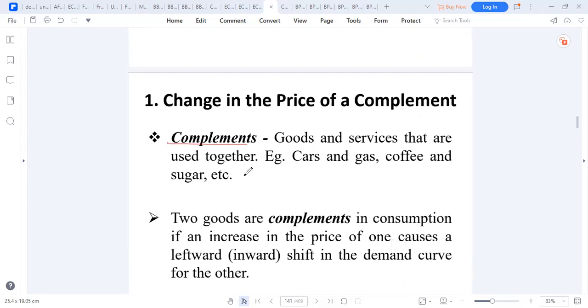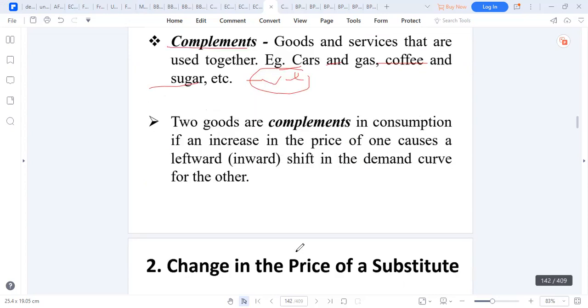So a complementary good is a good that moves together, e.g. car and fuel, coffee and tea. These have a negative relationship. So the elasticity of complementary goods is always negative. Goods are complements in consumption if an increase in the price of one causes a leftward or inward shift of the other.